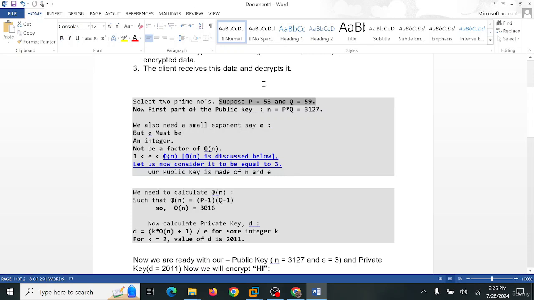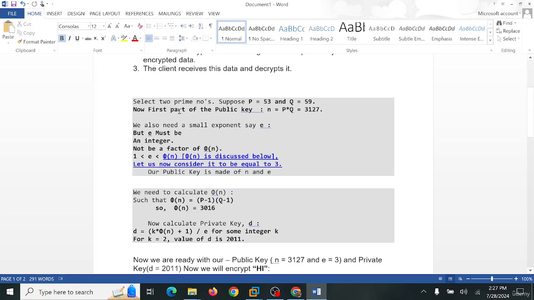So the weakness of the RSA algorithm depends upon the values of P and Q. If the values of P and Q are very large, it is near to impossible to crack this algorithm. For example, we just take simple numbers, 53 and 59, which is obviously a very weak setup, because you can see P and Q are very small.